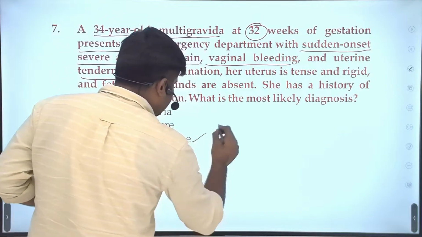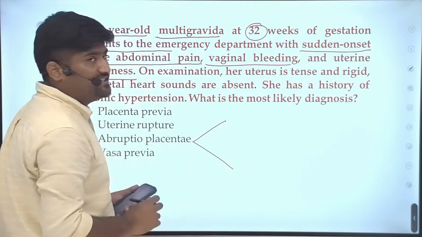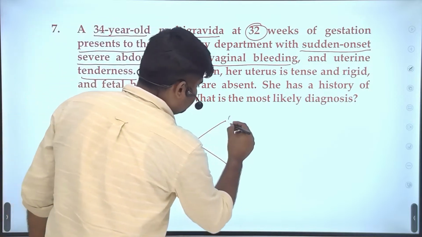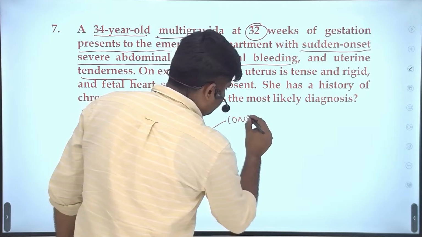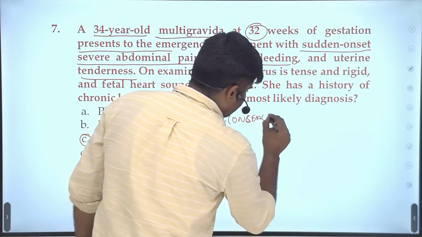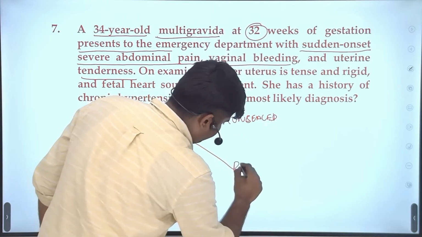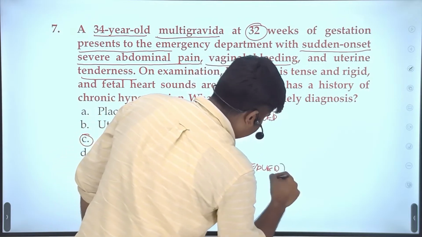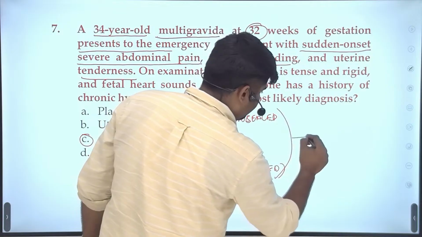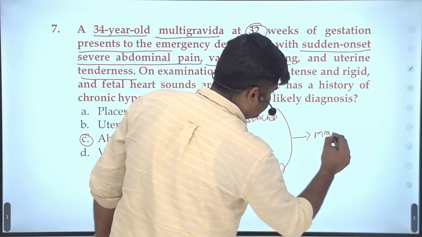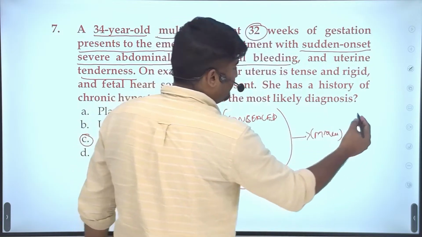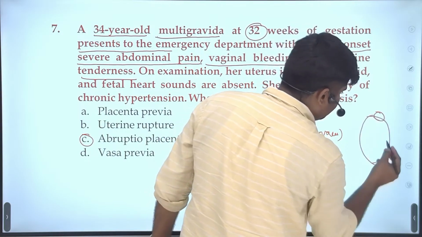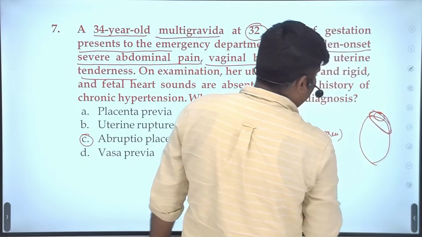Now tell me, what are the types of abruptio placentae? Concealed and revealed, and another type, that is mixed. Concealed will be in the upper uterine segment.